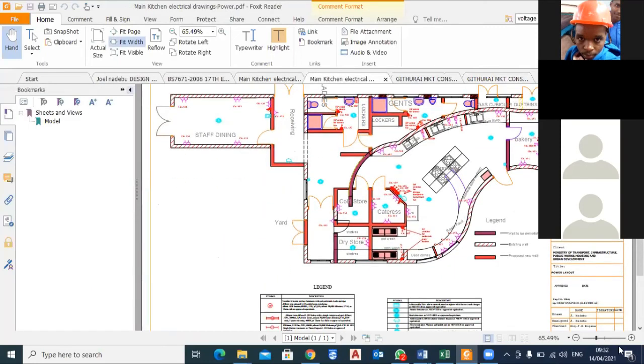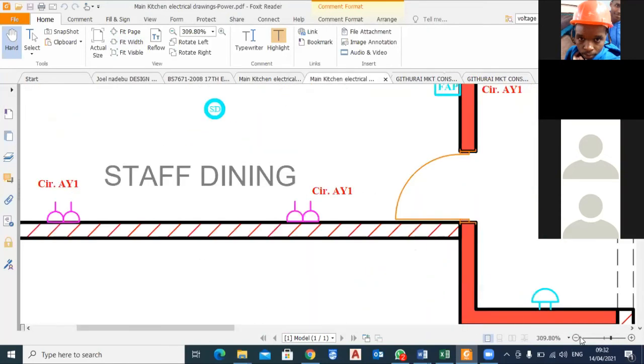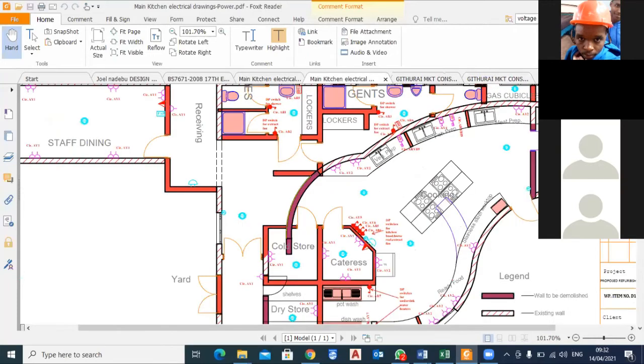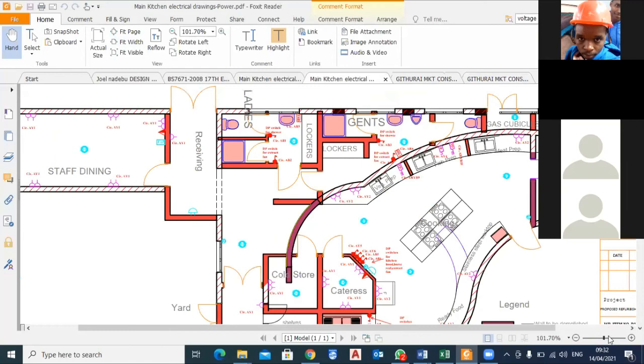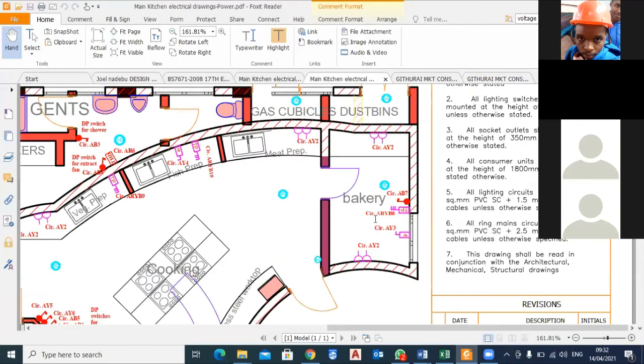Kuna kingine hapa hivi tunafanya in this case, like I was telling you, there is one here hapa penye kamkono kangu kako. I hope mnaweza mkaona. Hapa sahi kwa bakery, there's somewhere written bakery, and then there's a TP.